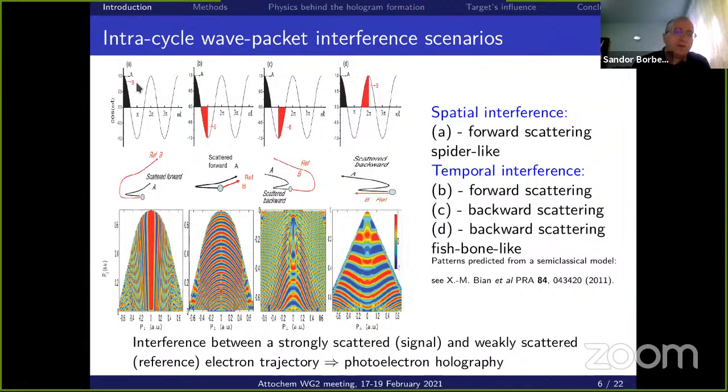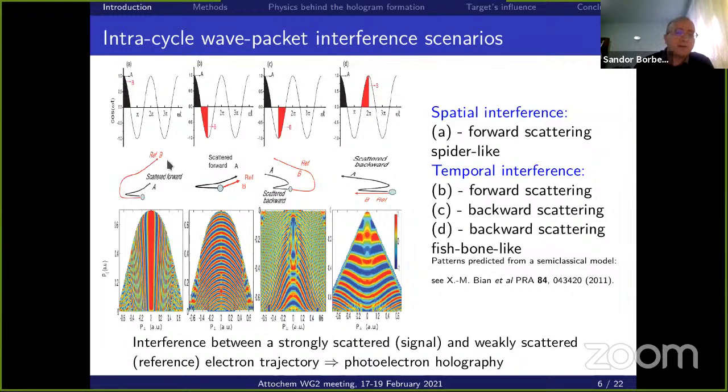If both of your continuum wave packets are created during the same quarter cycle of the driving laser field, then during the laser-driven dynamics of these wave packets, there will be some trajectories which will be strongly scattered by the parent ion, and trajectories which will be only weakly scattered by the target ion.